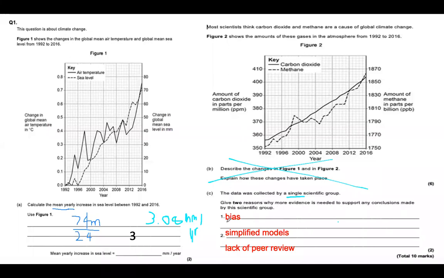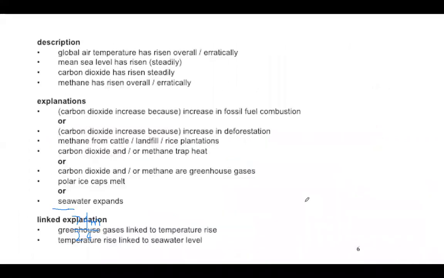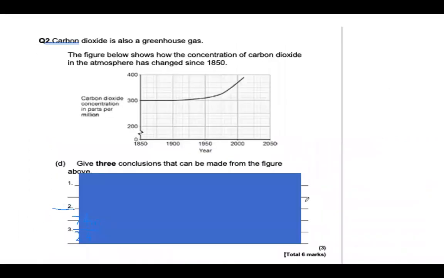So there could be bias, lack of peer review, that's because we've only got one person doing it, and our models might be simplified. So those were those 3 points from before. Ignore that.